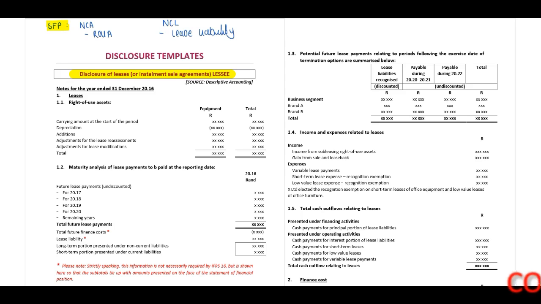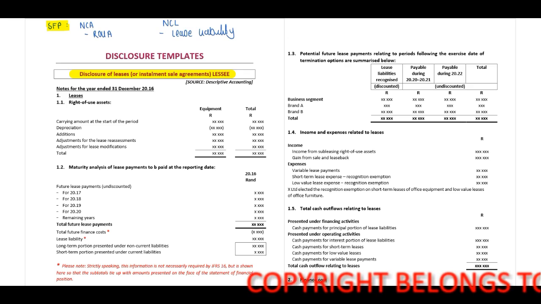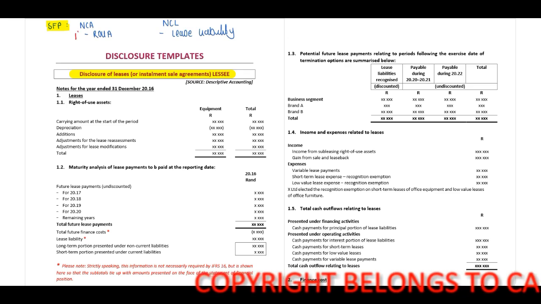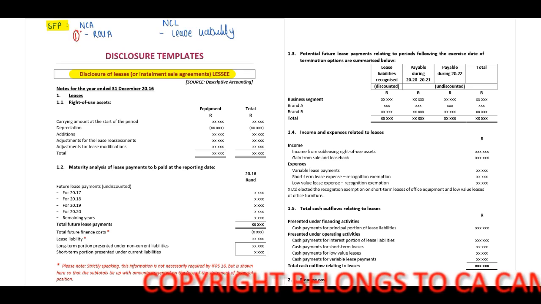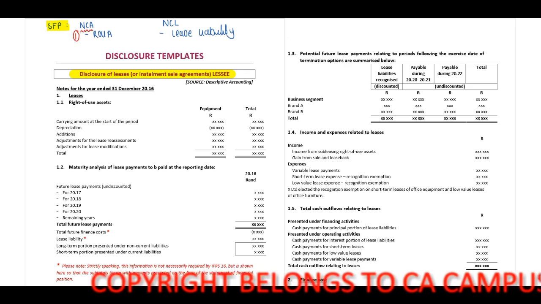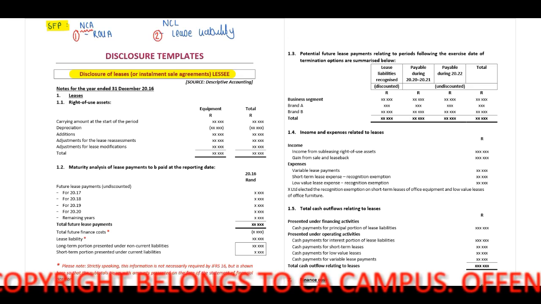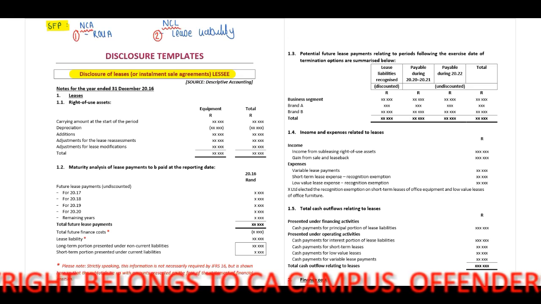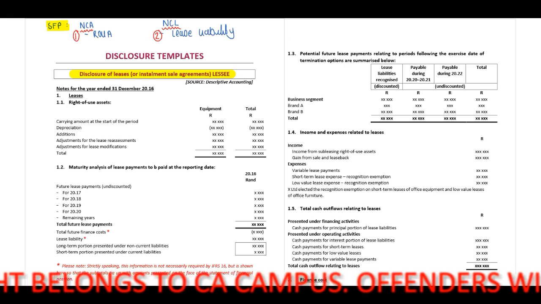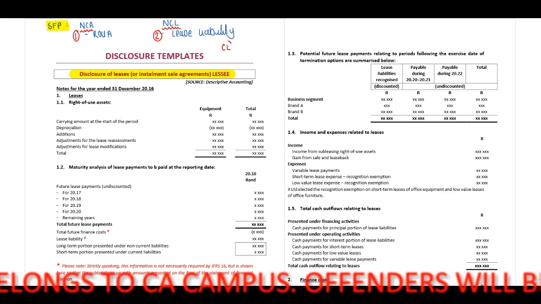When we look at the disclosure of our leases for our lessee, on the face of the statement of financial position, we will have recognized our right-of-use asset in our non-current assets section, and our lease liability will be split between the non-current liabilities as well as the current liabilities.